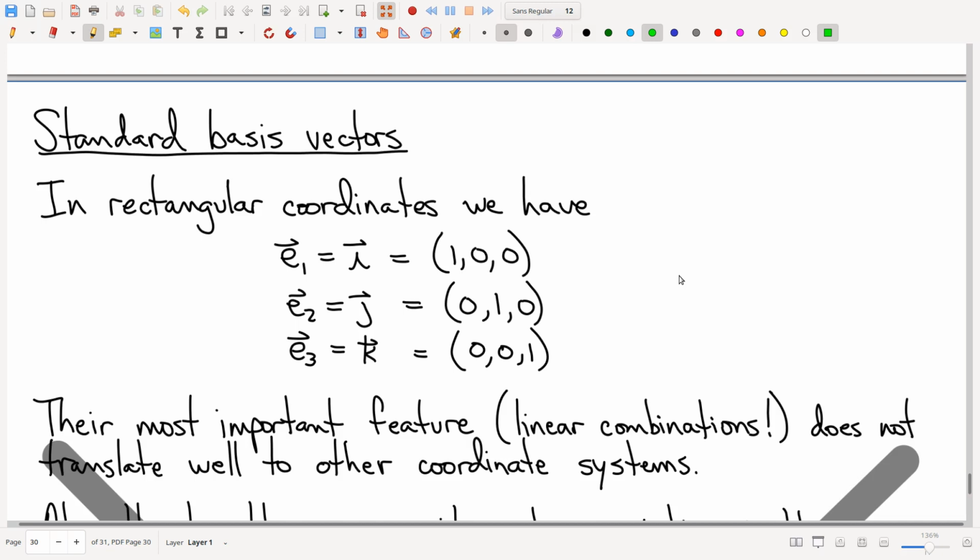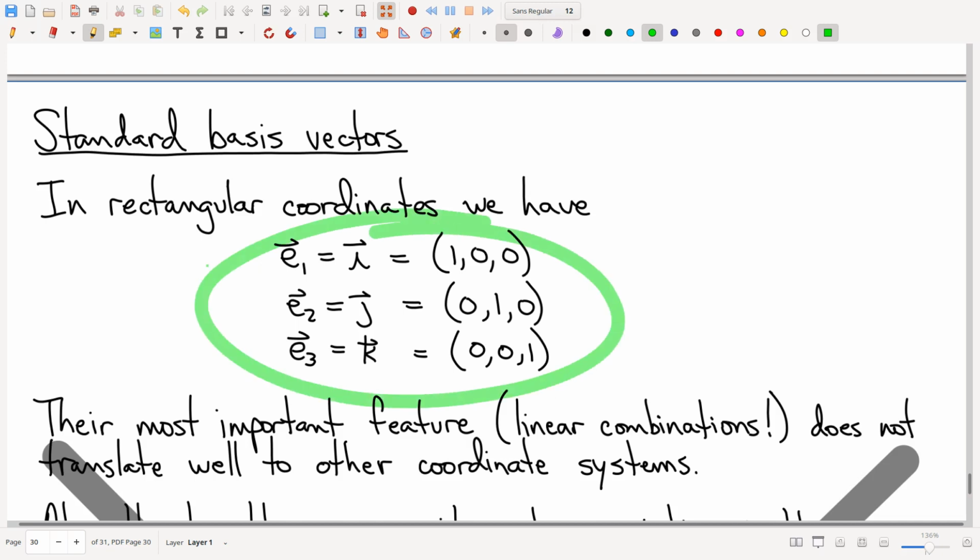So in particular then, y'all do know the rectangular standard basis vectors. This is old news, right? This dates back to linear algebra. You may have seen previously i, j, k as the notation. I've already commented how I prefer this notation just for the consistency.